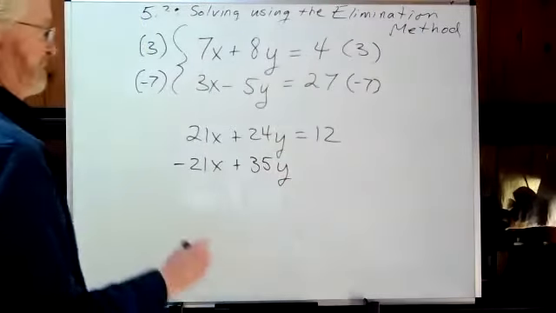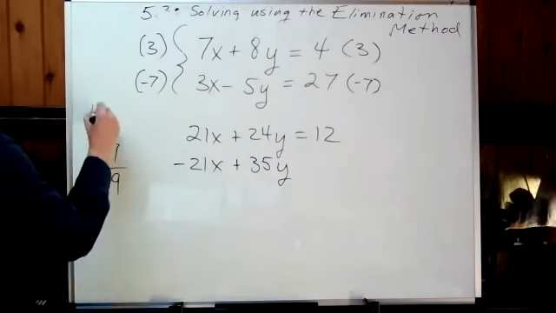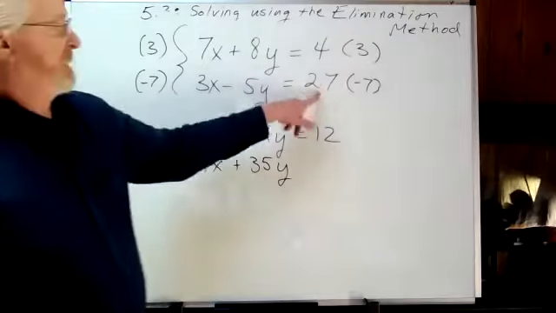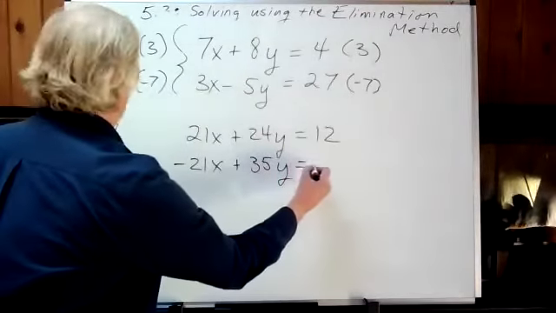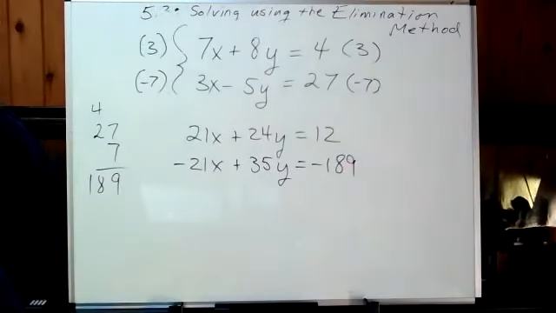I don't know what that is. I'm going to do 7 times 27. Pull out your calculator if you need to. 189, and it was positive times negative, so -189. Big number there.